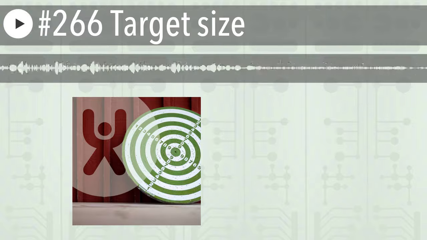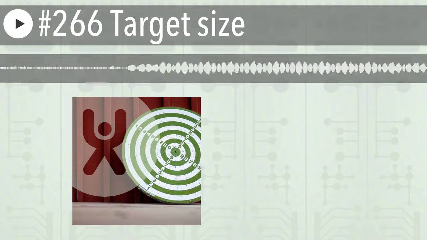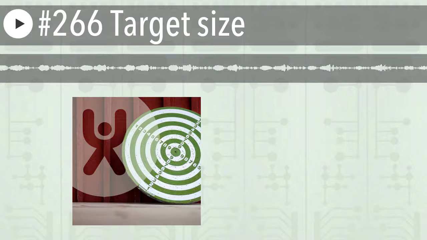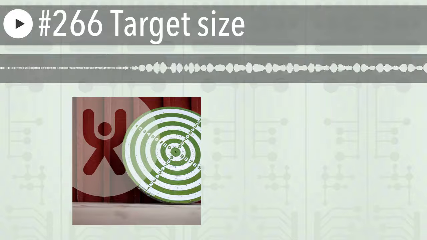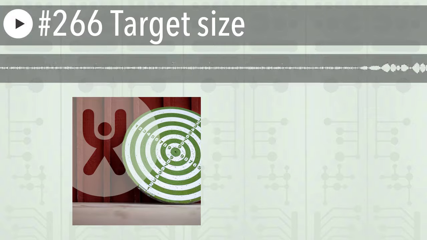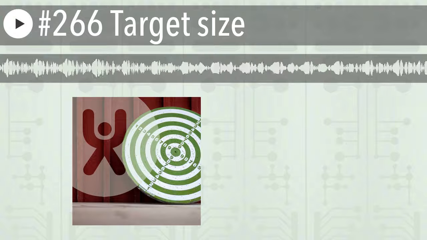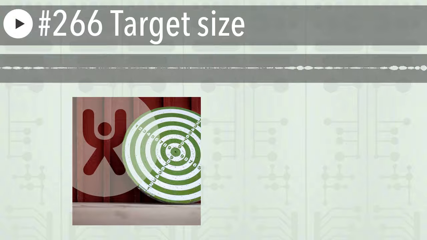The new guideline that's coming in 2.2, which is 2.5.8, that's going to be 24 by 24 CSS pixels. Now, I just want to explain a little bit more about what that 24 by 24 means.